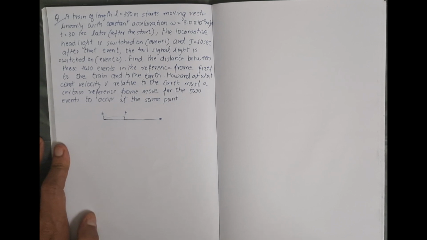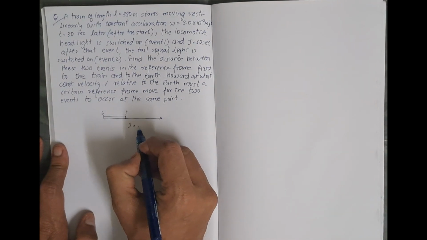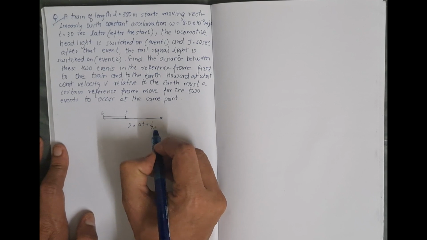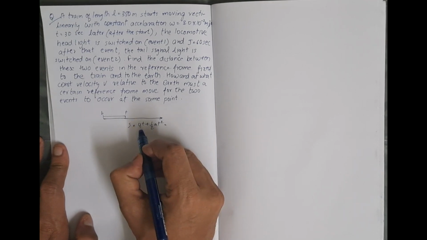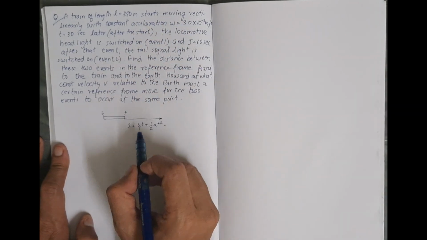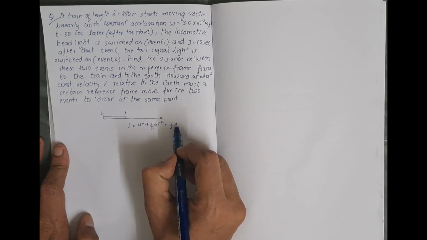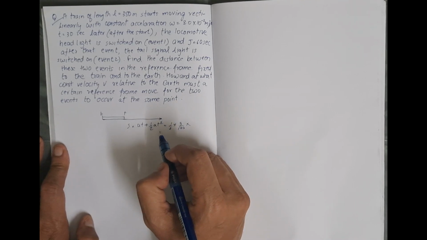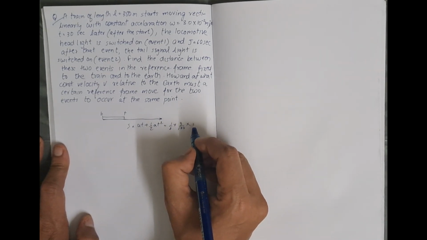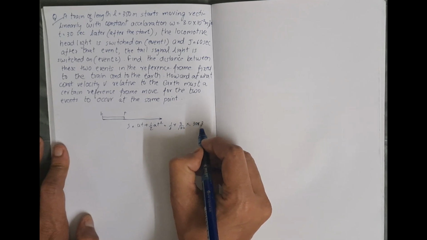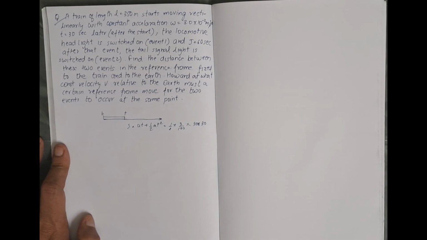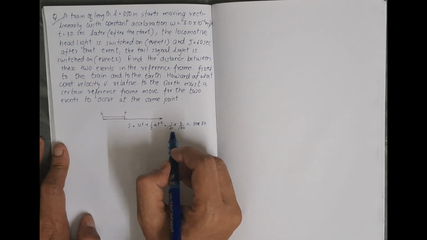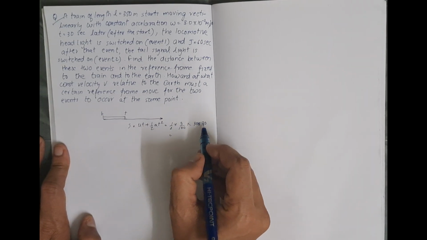So half times 3 by 100 times 30 into 30, which gives 13.5.